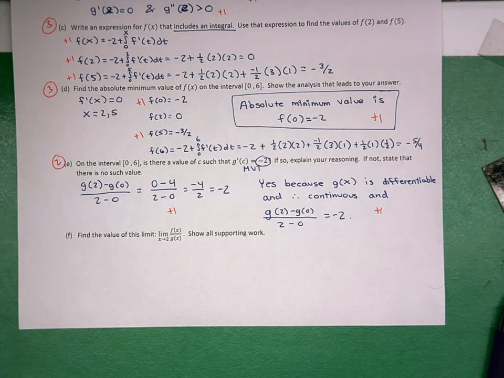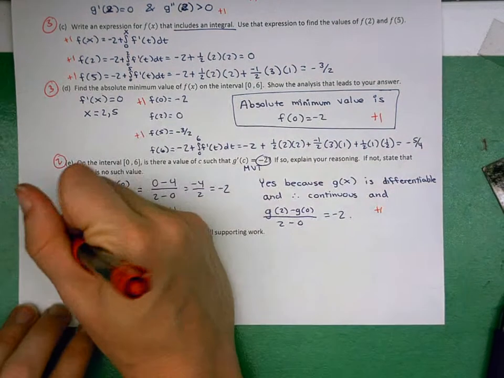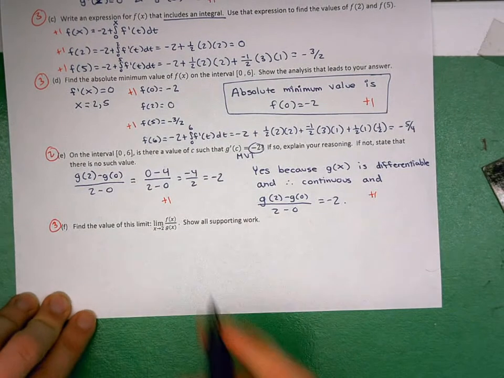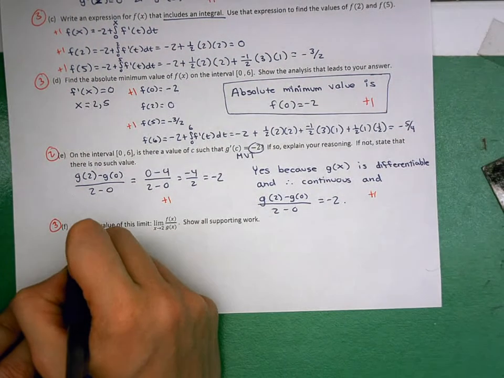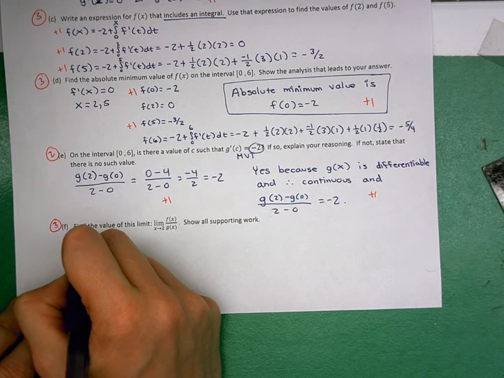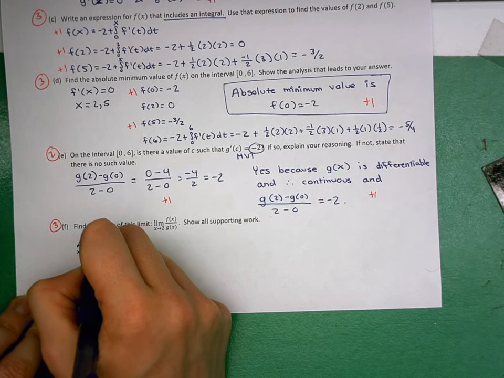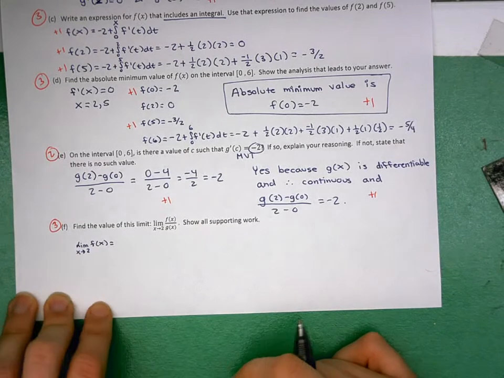Okay, last 3 points here come from part A. We have evaluating our limit. Okay, and so if I plug in my upper, limit as x approaches 2 of f of x over g of x. If I plug 2 into f of x, what I get is 0.